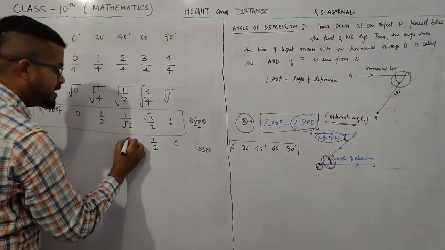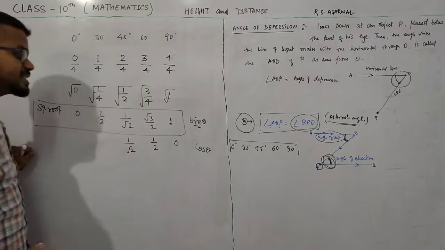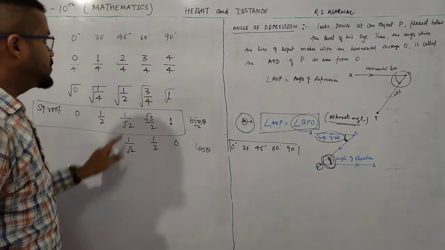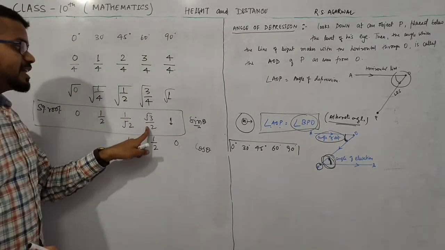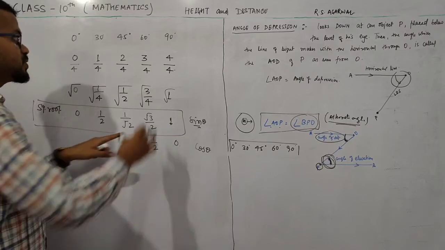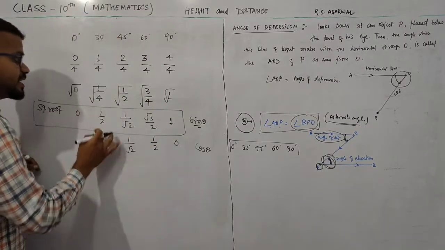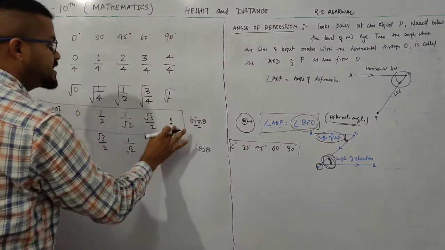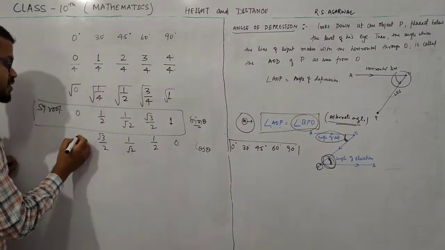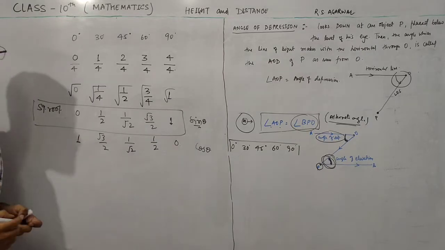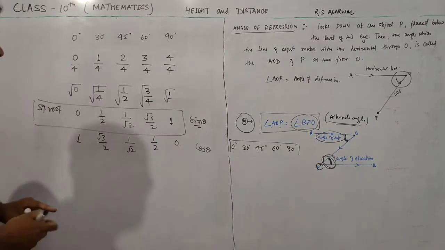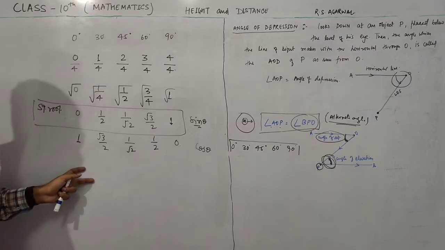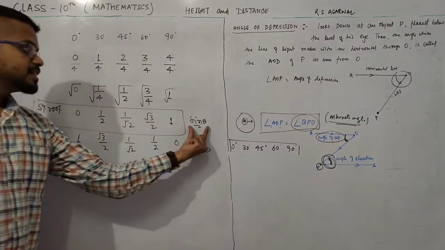For 45 degree, the value of sine and cos is the same, which is 1 by root 2. For 60 degree, the value of sine theta is root 3 by 2, so for cos 30, this is root 3 by 2. And for sine 90, this is 1, so cos 0 is 1. Now you can easily learn these values.